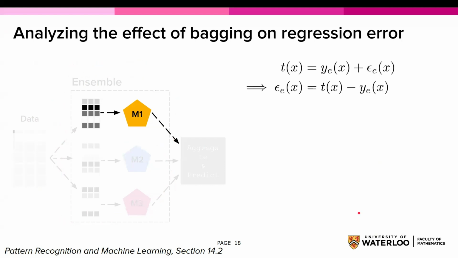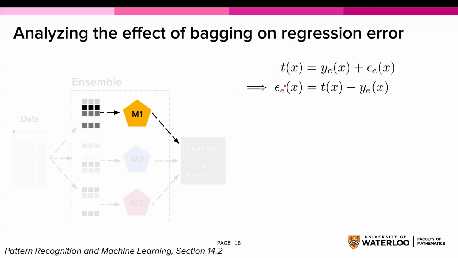Let's suppose that the target we're trying to predict, t, we can model as the prediction from one of these base models, which we'll call y sub e, plus a residual epsilon. This error term captures how far off the model's prediction is from the target at any point x.